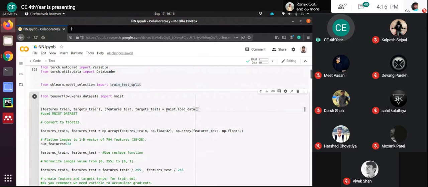That means the train set as well as the test set are ready. You can print any of the images, maybe from the training or from the test set. Next, we are converting it to float. Then, as we have discussed, the number of features will be 784, which is nothing but 28 cross 28.